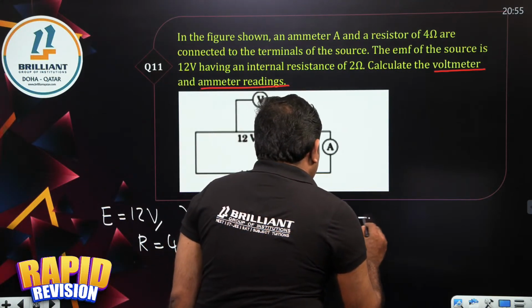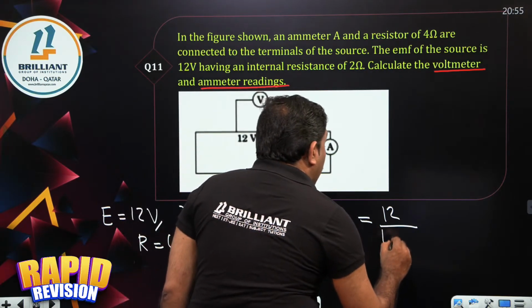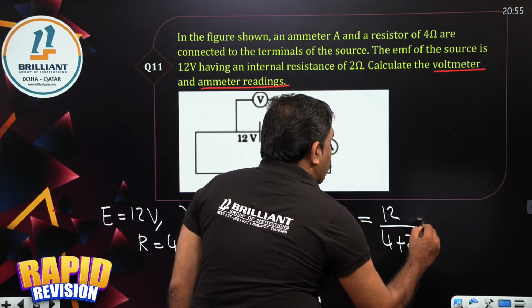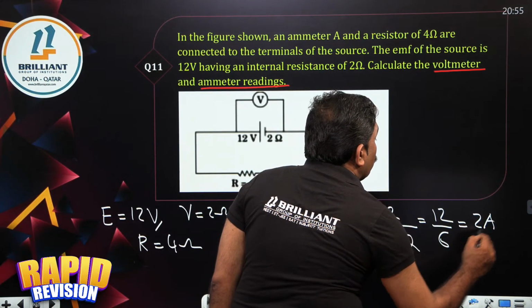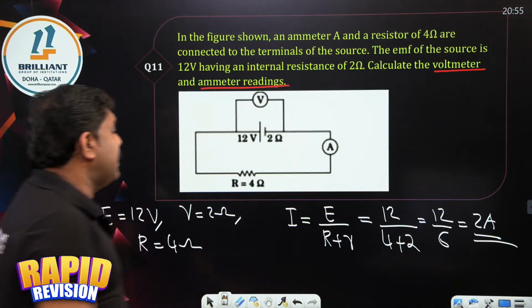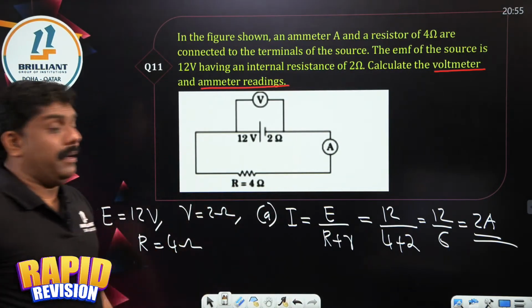E is 12, capital R is 4 and small r is 2. So it is 12 by 6, that is equal to 2 ampere. So the ammeter reading will be 2 ampere.